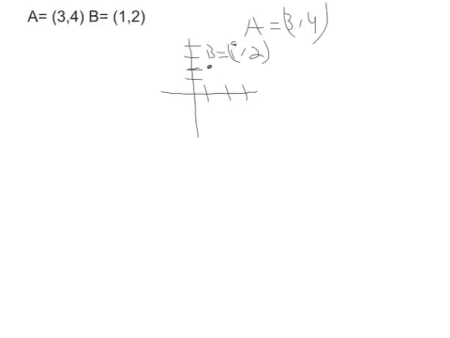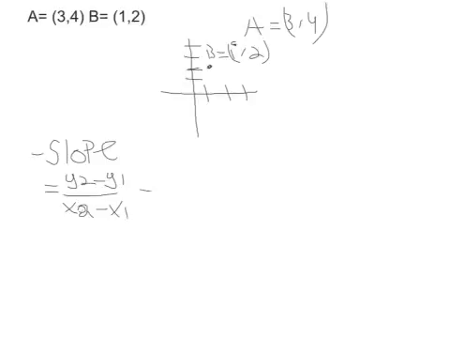So now we are going to find the slope. So we know the formula, which is y2 minus y1 over x2 minus x1.